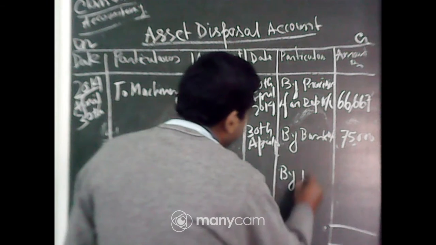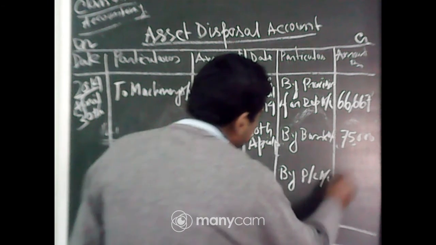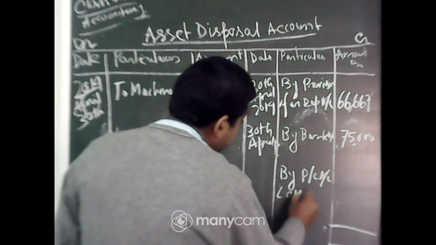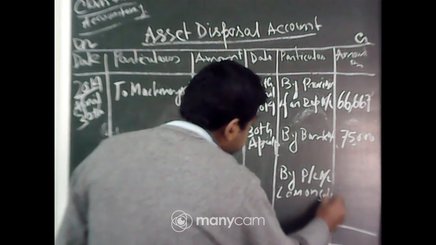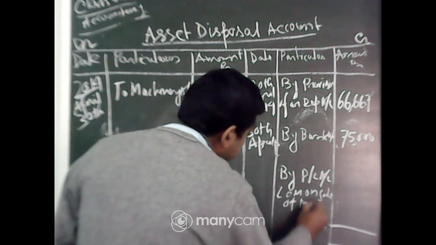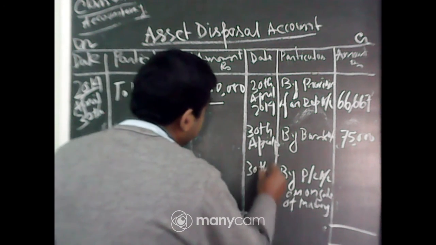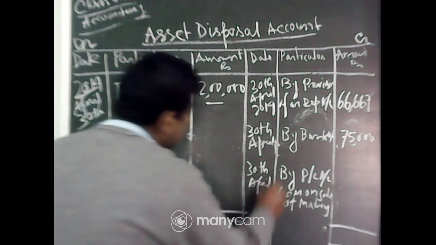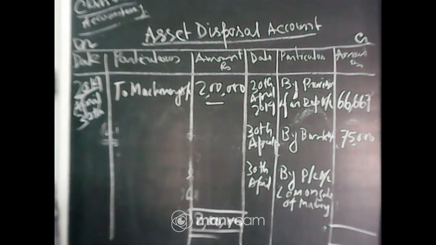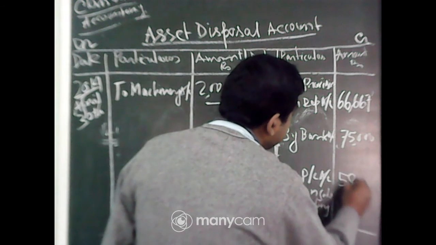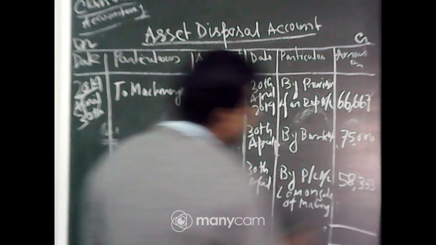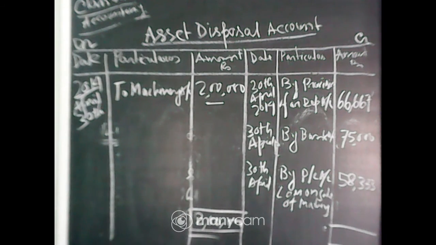So, profit and loss account debit, loss on sale of machinery, on the date of 30th April, that is 58,333. That we already found when we made the workings. Okay, that is the loss on sale.